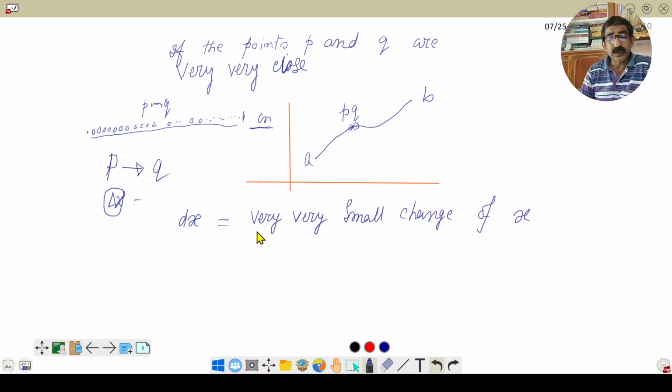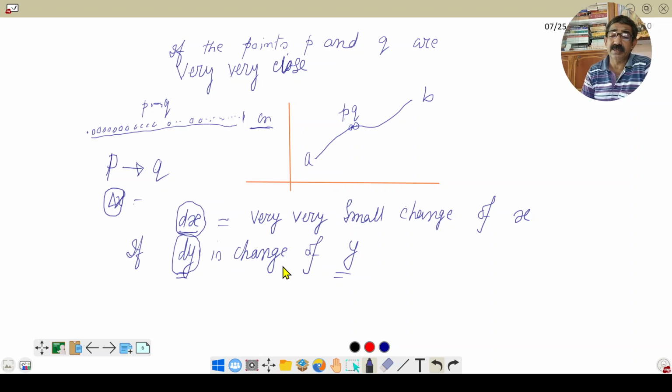And due to this very, very small change of x, if dy is the change of y, this may be a considerable change or a very small change. The value of dy may be large or small, but the value of dx is a very, very small change.